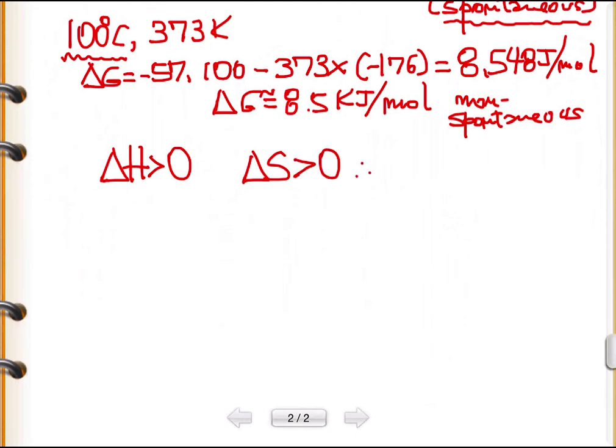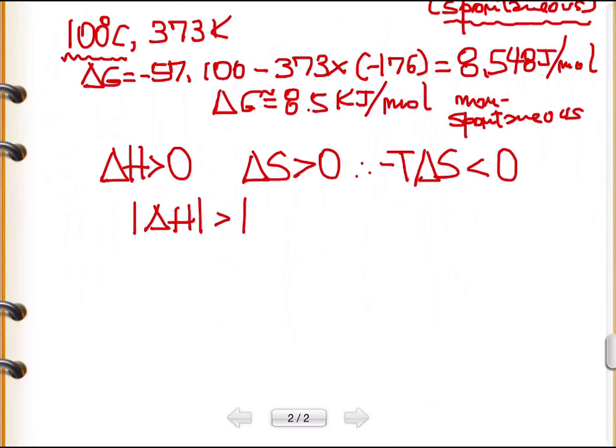In that case, minus T delta S is smaller than 0 and is contributing favorably in the equation. So again, the same principle. Now if the absolute value of delta H is larger than the absolute value of T delta S, it means that delta H is going to win. Delta G is going to be larger than 0, as delta H is.